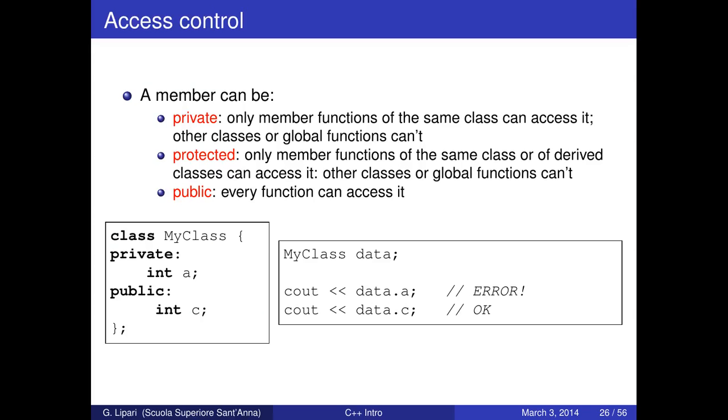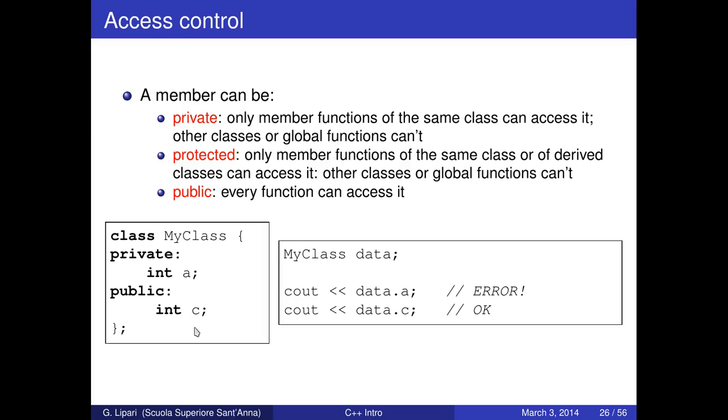Other classes or global functions cannot access it. So for example, A is a private member variable. When I define data as an object of type myClass and I want to print it, the first line, cout data.a, will give you an error because A is private. I'm not inside a function of my class, so I cannot access A.